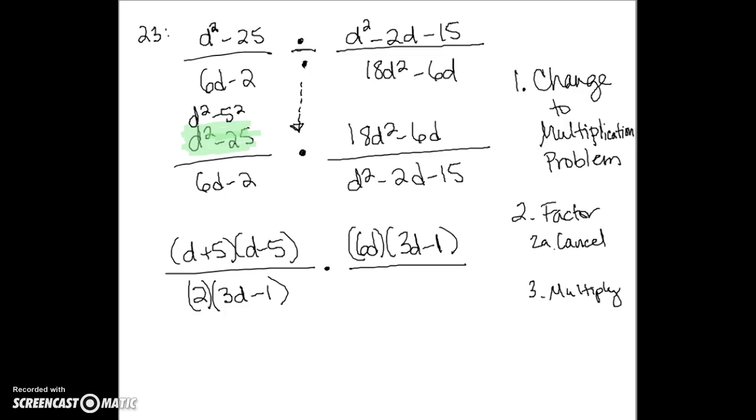So keeping that in mind, let's go right away to d minus 5. There's 2 reasons that I did that. First of all, because there is a minus sign in the trinomial here and here, I know the bigger number has to have the minus sign. The bigger number is going to be a 5, and the smaller number is going to be a 3.